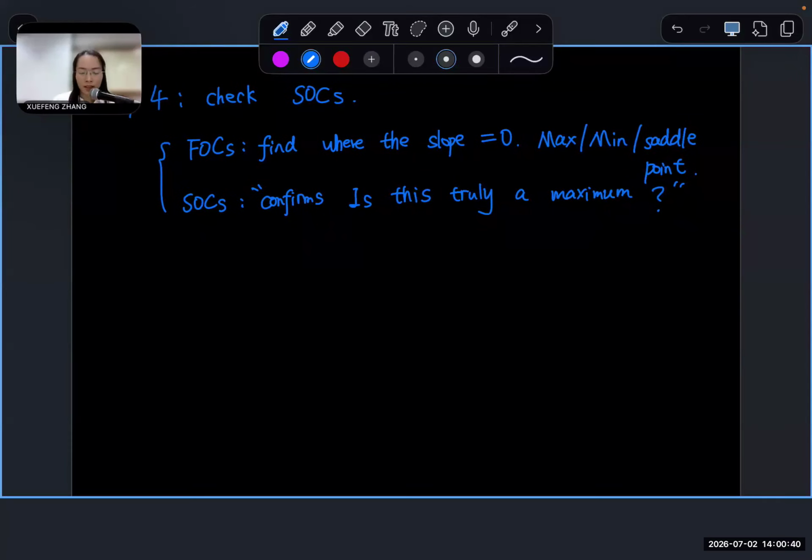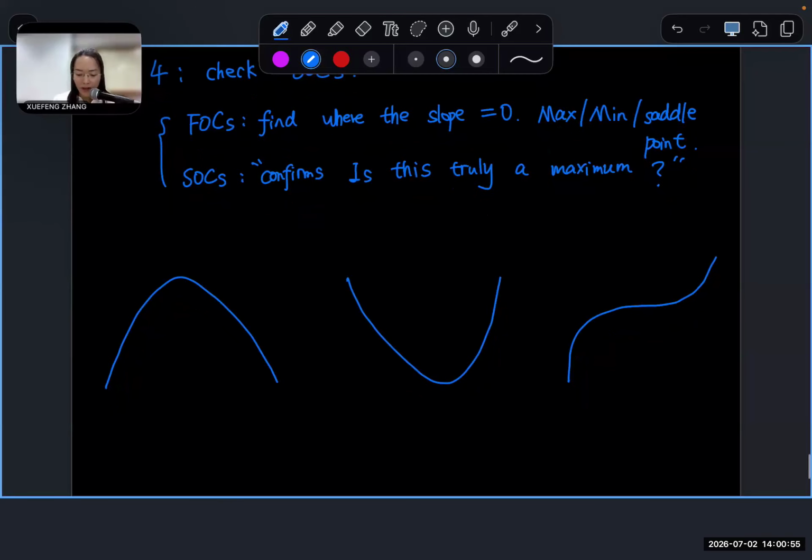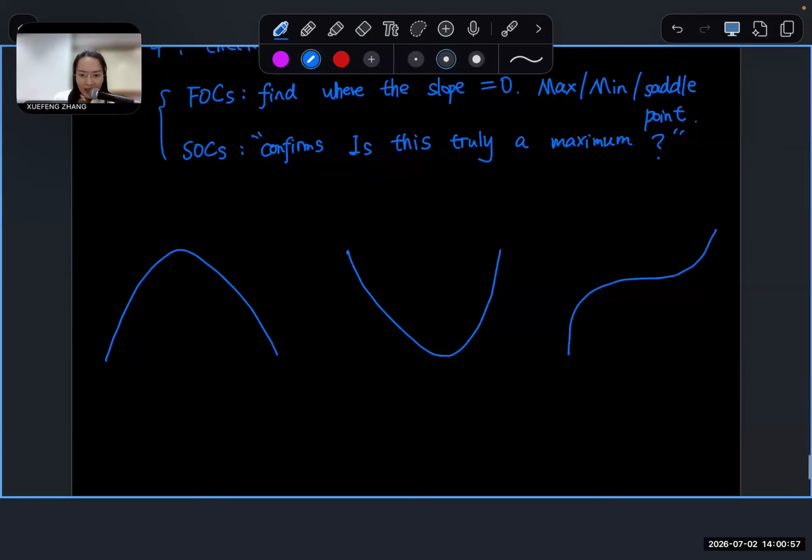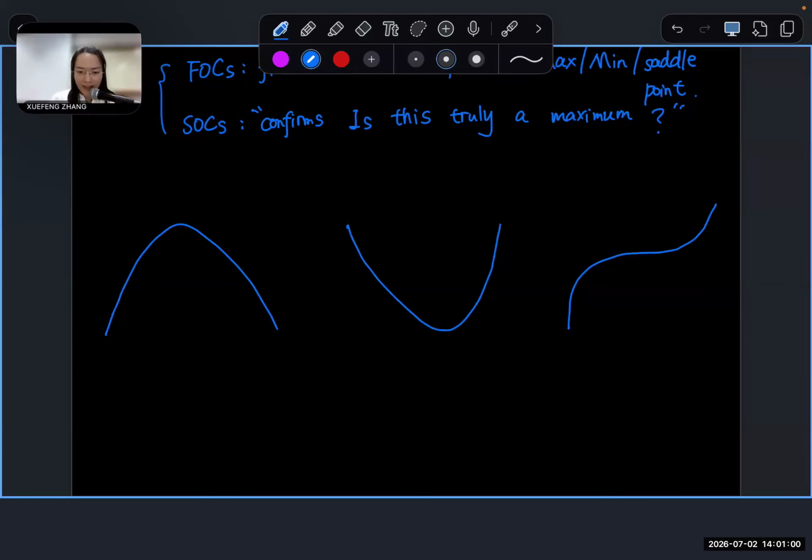Let me show you the graph. We have one which is concave, and one situation which is convex. Concave means the curve bends down, so it's a peak.